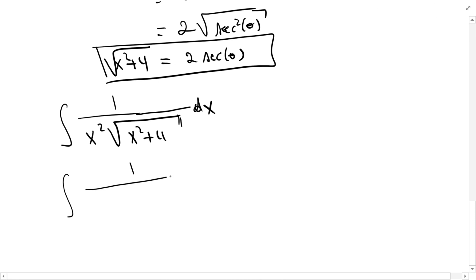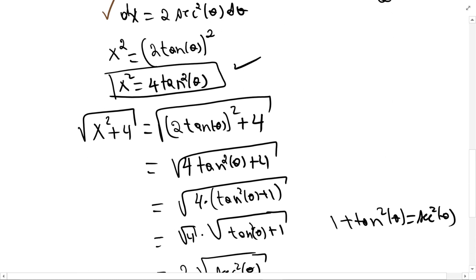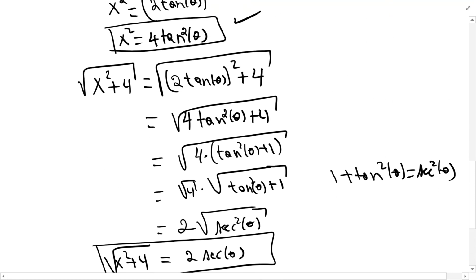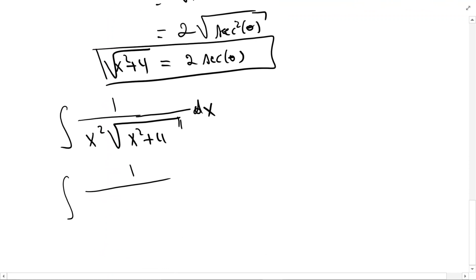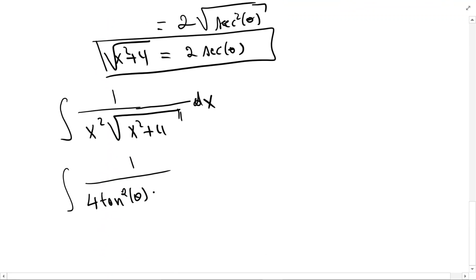So we get 1 over x squared, which is 4 tangent square theta, right here. So we write 4 tangent square theta times the square root of x squared plus 4, but the square root of x squared plus 4 is 2 secant theta.